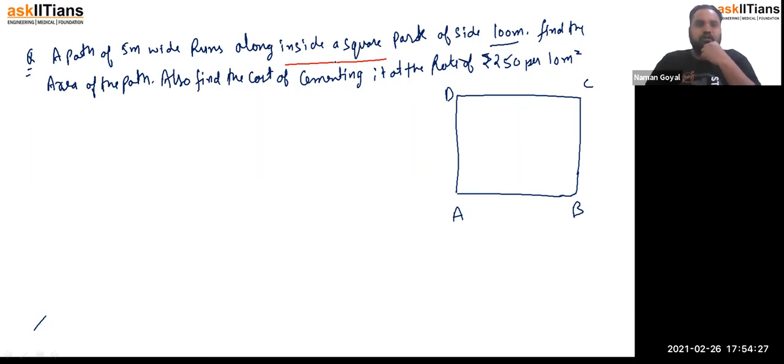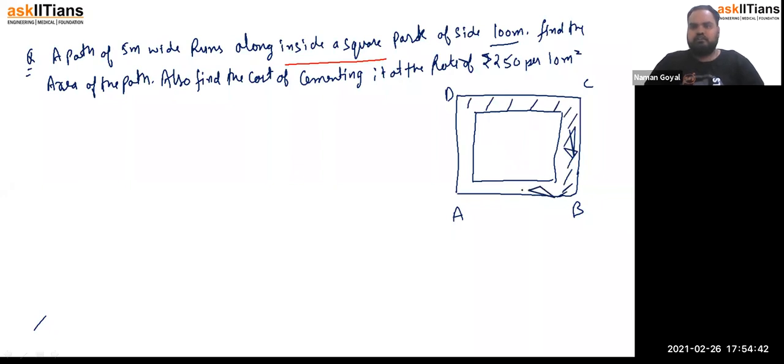Now there is a path of 5 meter wide inside a square park. Now the path is inside, so that will be like this. So this is the area. We have to find out the area because we have to cement this part.